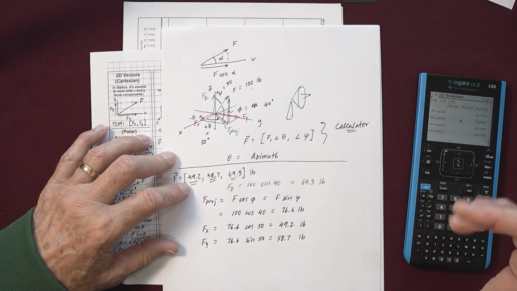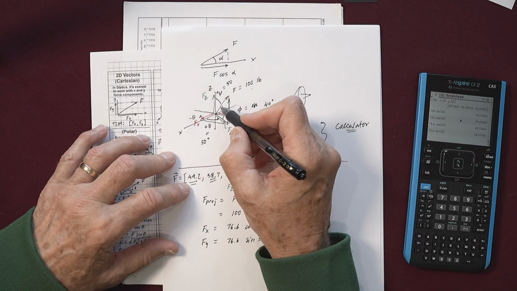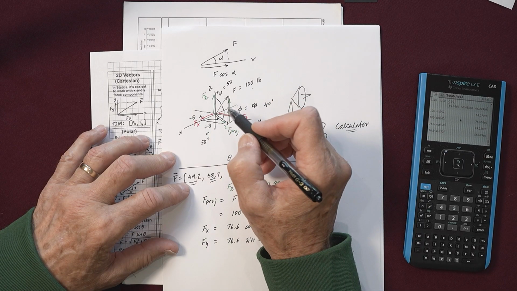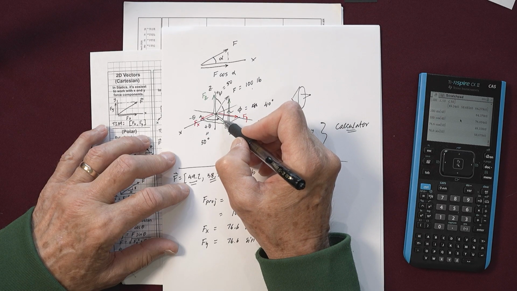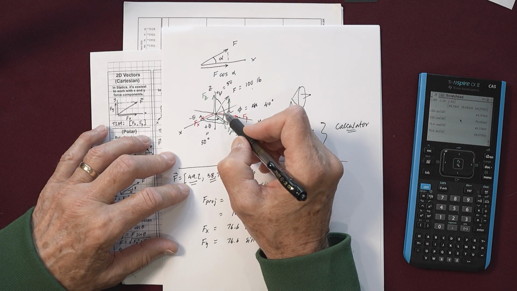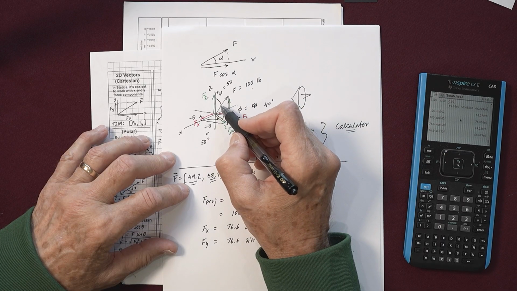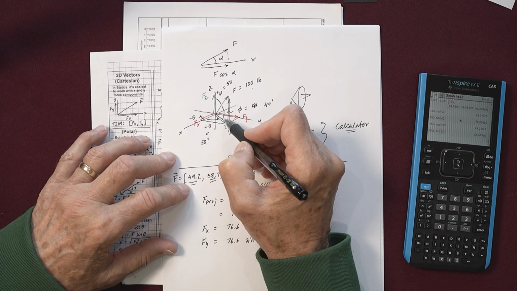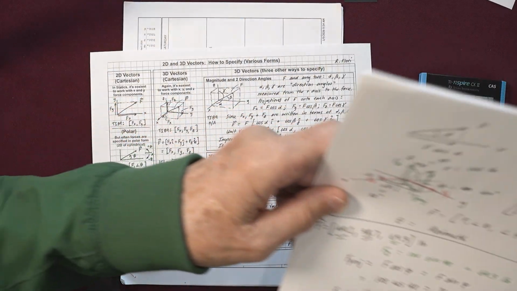And the harder way is Fz is F times the sine of this angle. Fx is F times cosine of this angle times cosine of this angle. And Fy is equal to F times cosine of this angle times sine of this angle. And that's basically what I give. I think I give that to you here.